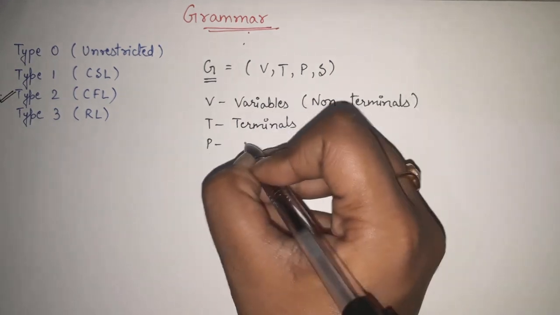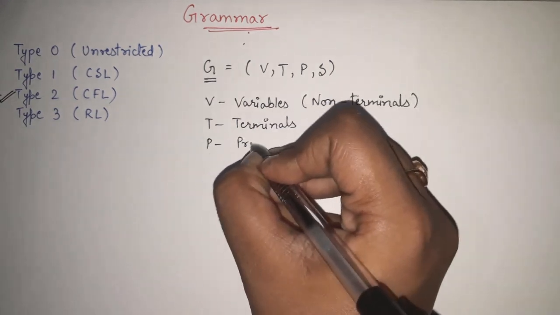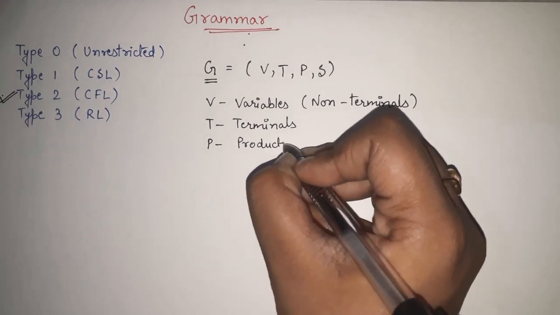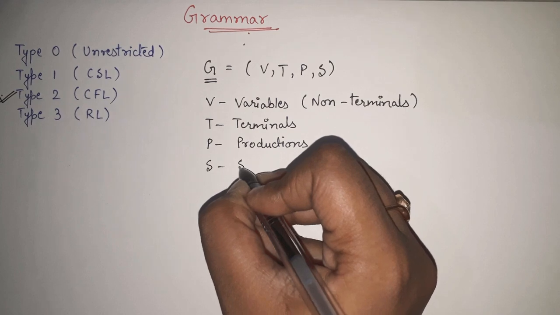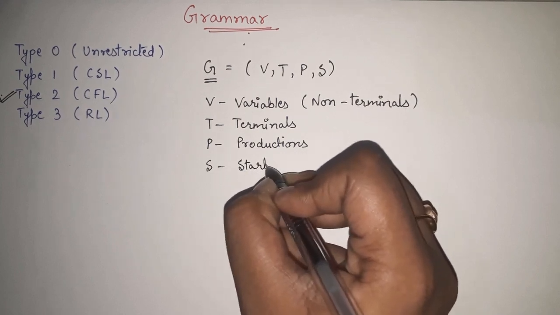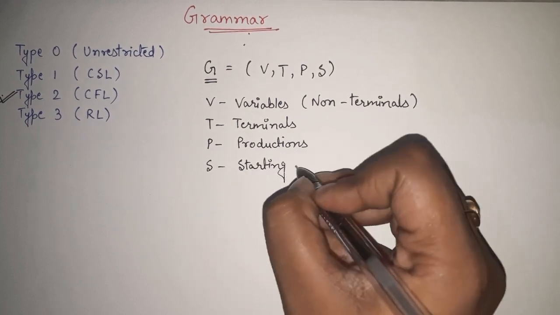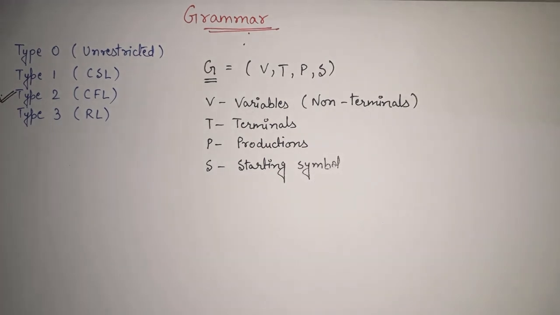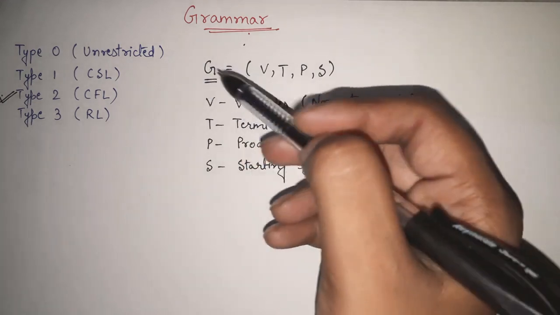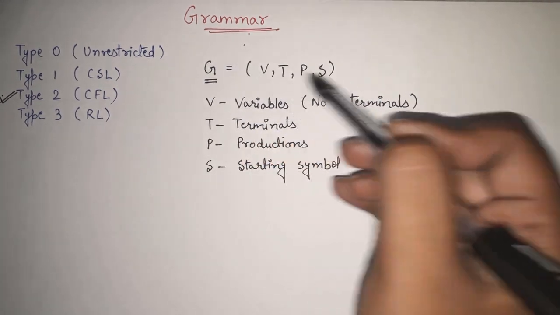P is the set of productions, and at last S stands for the starting symbol of our given grammar. Fine. So these are the 4 notations that you must remember. They are known as the 4 tuples of grammar G. Any context free grammar G has these 4 tuples.